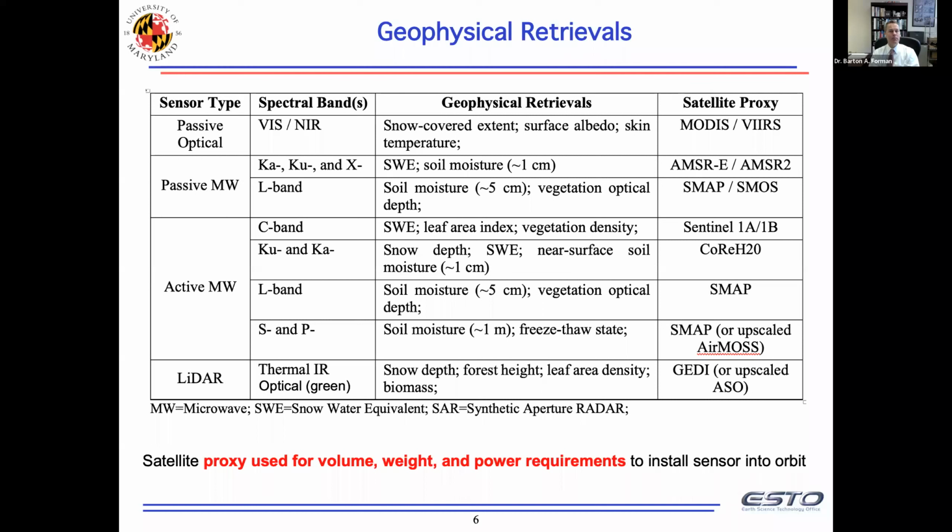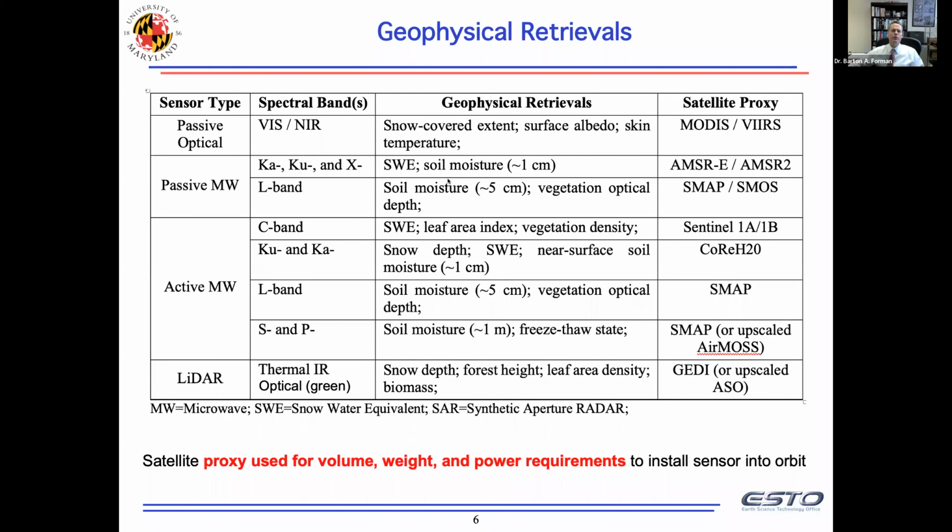In addition, we're going to have a number of geophysical retrievals. I mentioned I'm going to be focusing on passive microwave radiometry, synthetic aperture radar, and LiDAR. We have many different spectral bands that we can choose from that can be used to derive snow water equivalent retrievals or soil moisture retrievals within the top centimeter. Perhaps we use L-band radiometry.